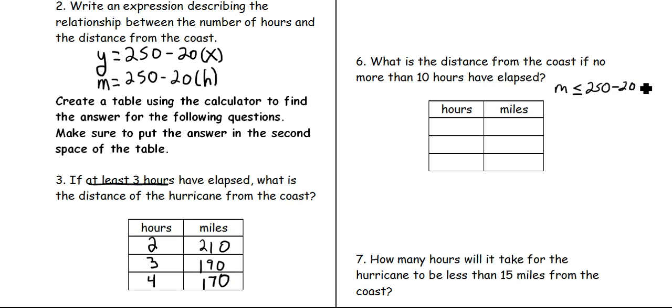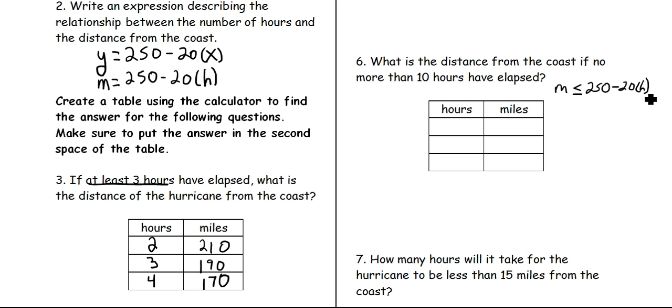And the reason we're writing it this way, the last two, we had no more than, and then on the other side was a distance. This time we have our hours, so we're going to write it this way. I want you to see that we can swap these as needed to fit our situation.